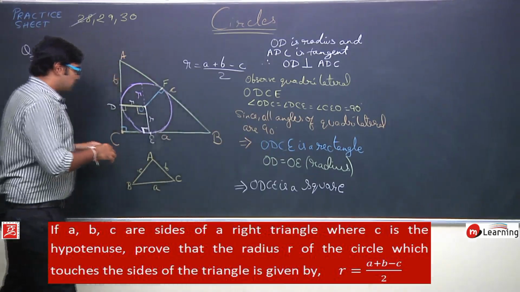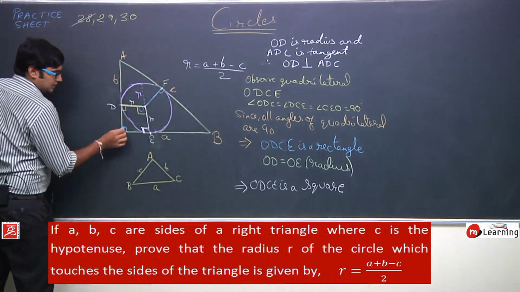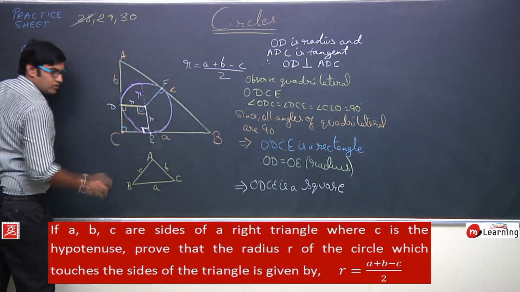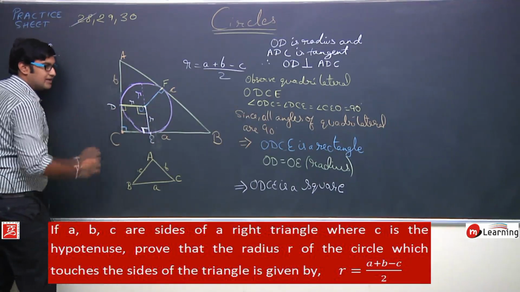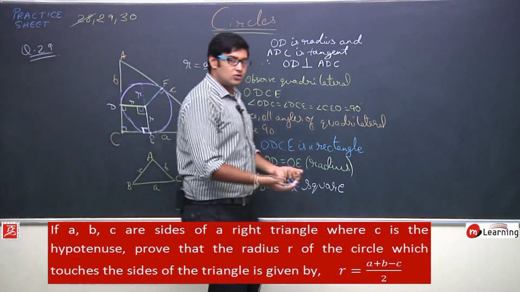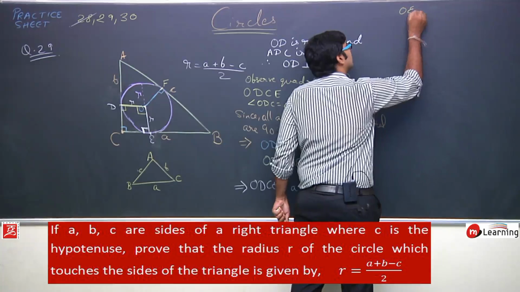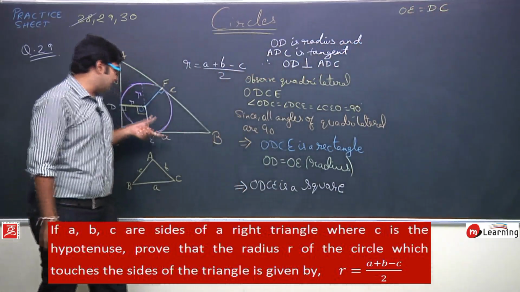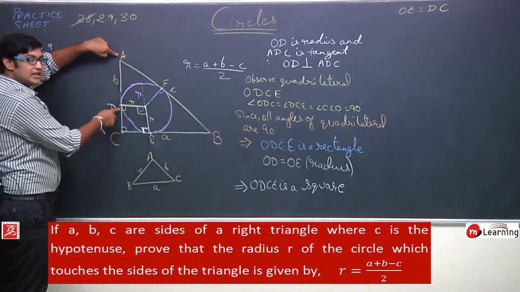Now what you can observe is that OE is equal to DC, since ODCE is a square. Now what is DC? DC is AC minus AD.